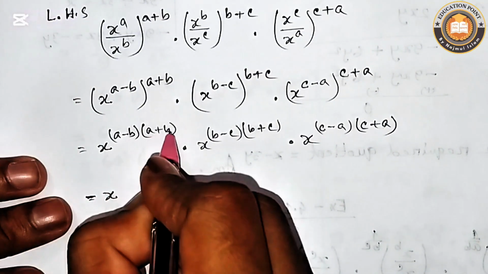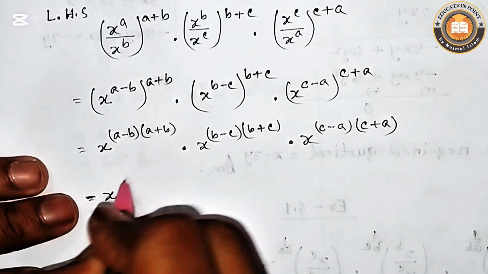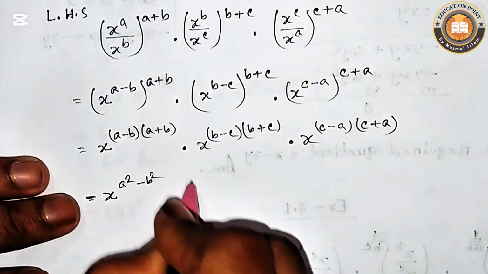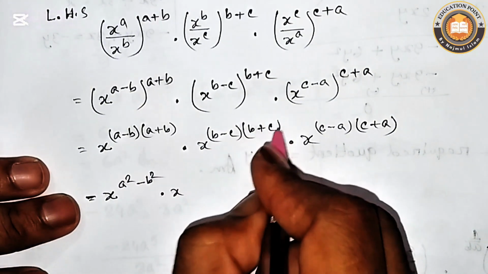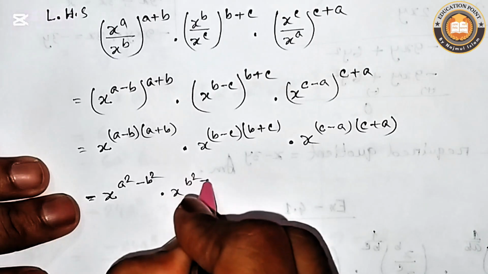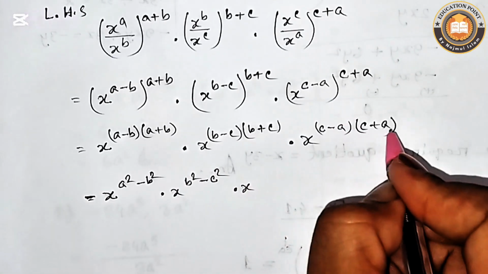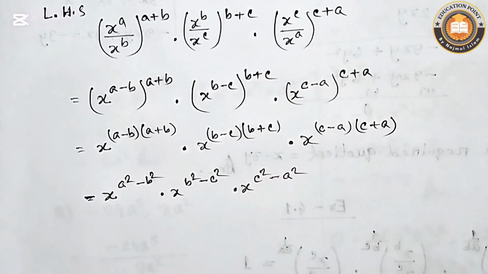Here we will apply the formula of a square minus b square, that means (a+b) into (a−b). So a² − b² into x to the power b² − c², equal c² − a².